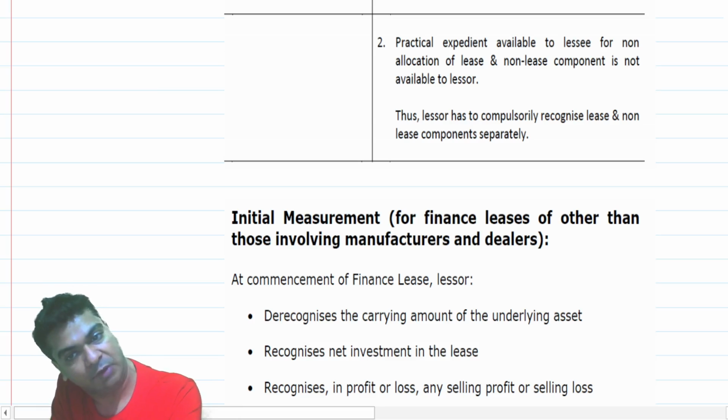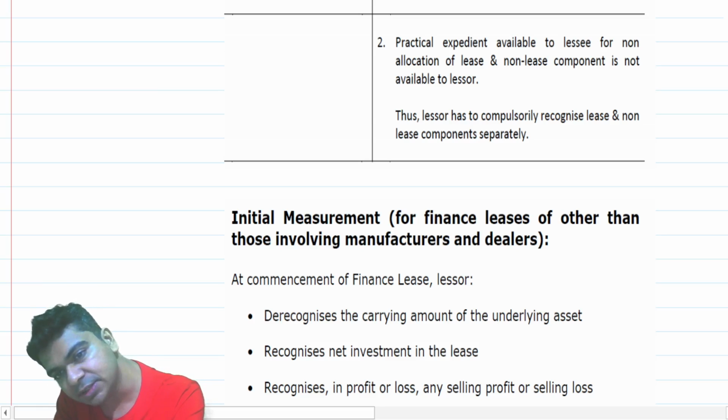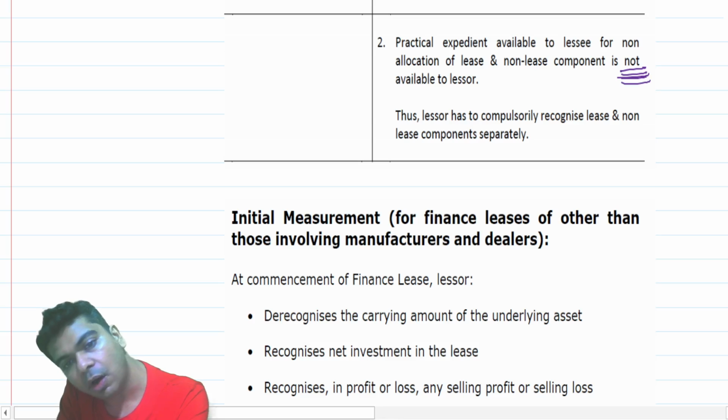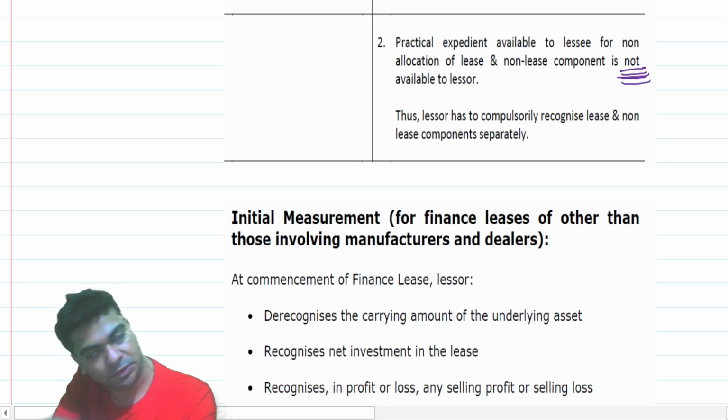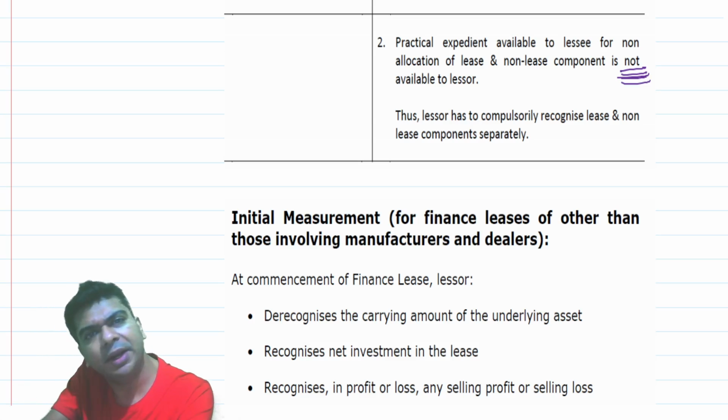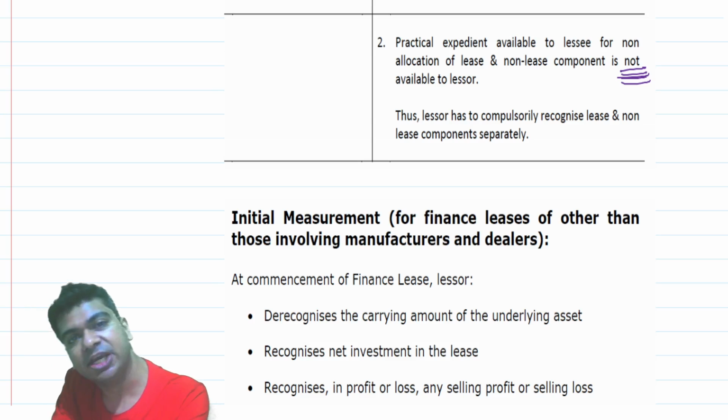The practical expedient available to the lessee for non-allocation of lease and non-lease component is not available to the lessor. So this relaxation which was there for a lessee is not there for the lessor.